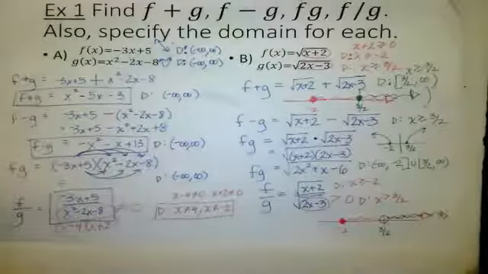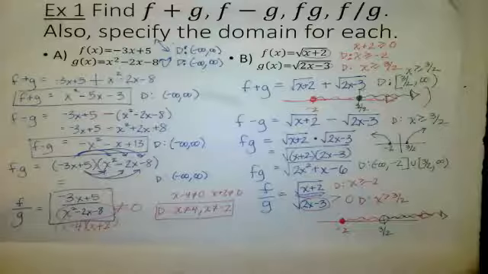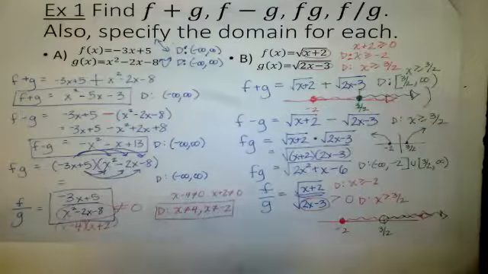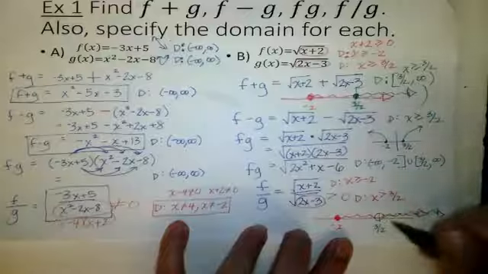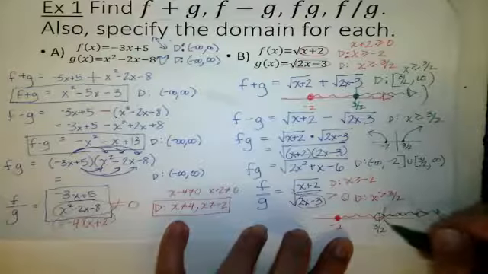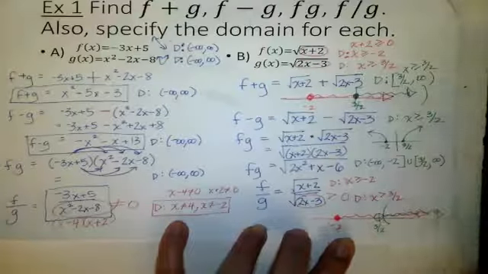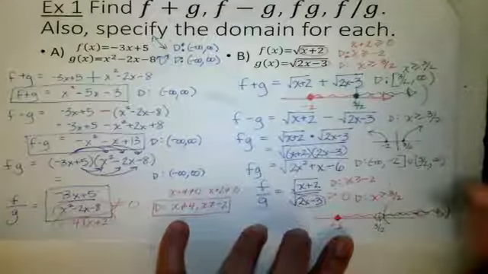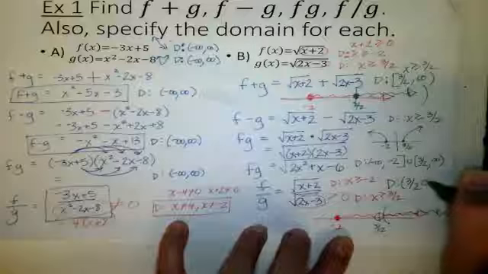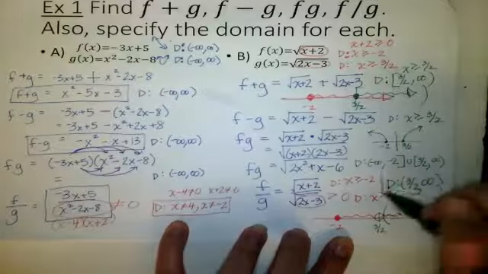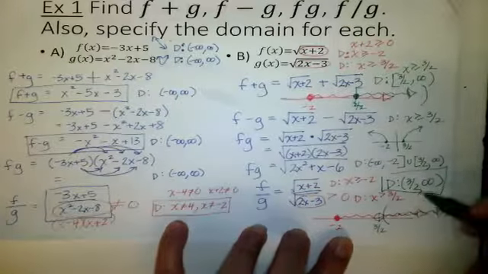So what's the domain of the whole thing? 3/2 to infinity. Do we use a bracket or parenthesis at 3/2? Parenthesis. It's an open circle. We're not including 3/2. So the domain is 3/2 to infinity. Very tricky.